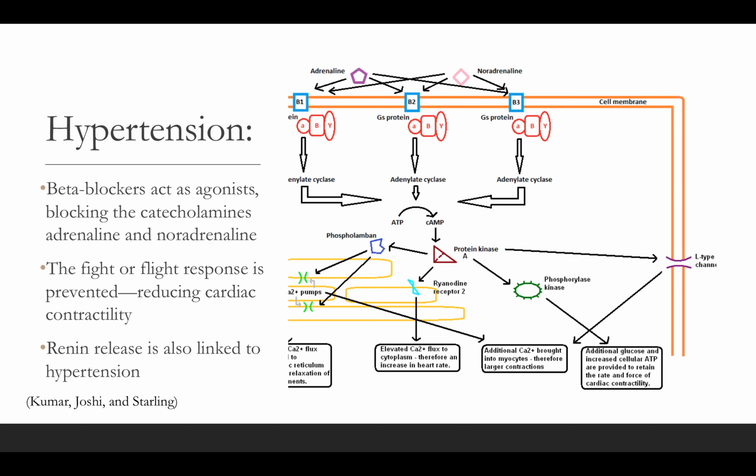Increased concentrations of intracellular calcium increase inotropy in the heart through calcium exchange in the sarcoplasmic reticulum. So it causes more contractility in your heart. The fight or flight response is prevented with a beta blocker, if that is in your system, which reduces cardiac contractility. Renin release is also linked to hypertension.